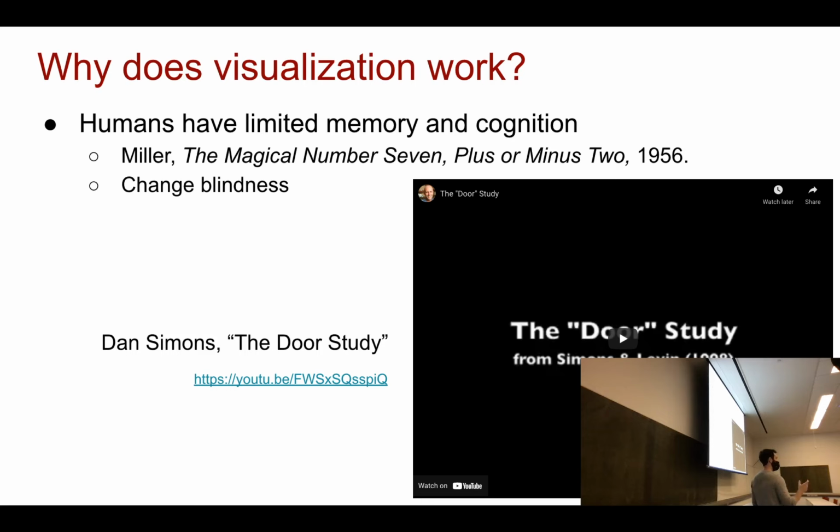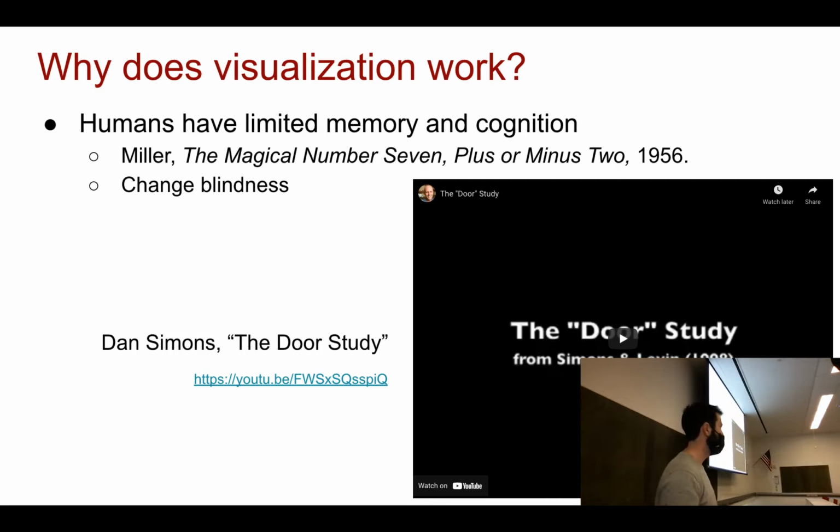So 7 is the number of items that you can store in your working memory at any one time. The number of things you can juggle in your immediate memory is about 7 things, plus or minus 2. But I can visualize a lot more than 7 things, right?